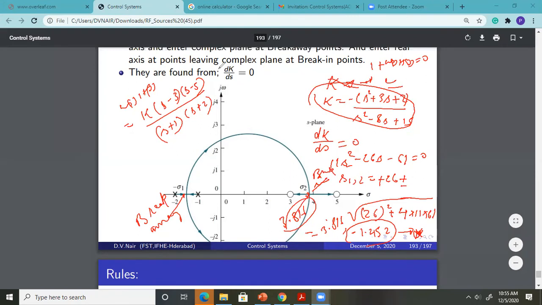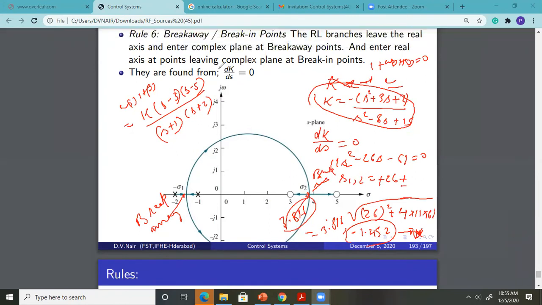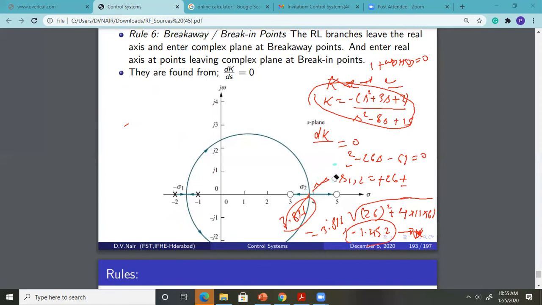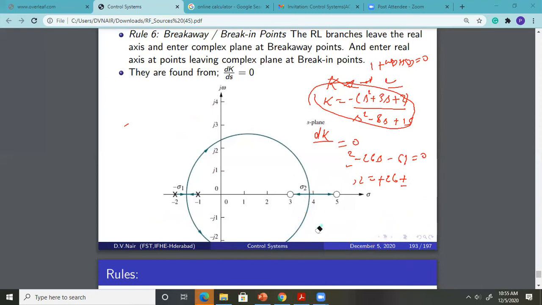So I think we can now introduce angle of departure, next rule. Angle of departure becomes more important when you have complex roots.